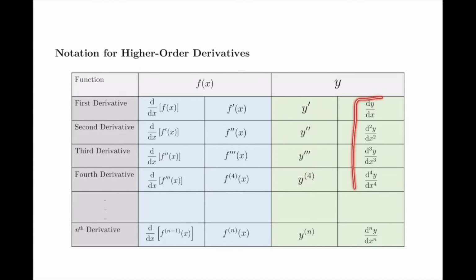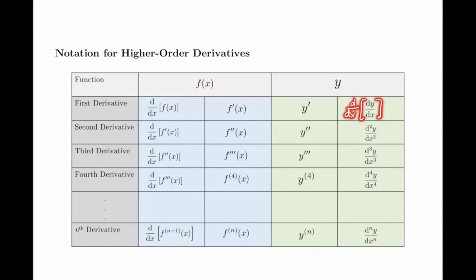And this last column here, we won't use that much, but it's important for you to be familiar with all of the ways that you can notate derivatives. So instead of y prime, if we're using dy dx to talk about the derivative of y, then when we differentiate dy dx, what we are doing is d dx of dy dx.